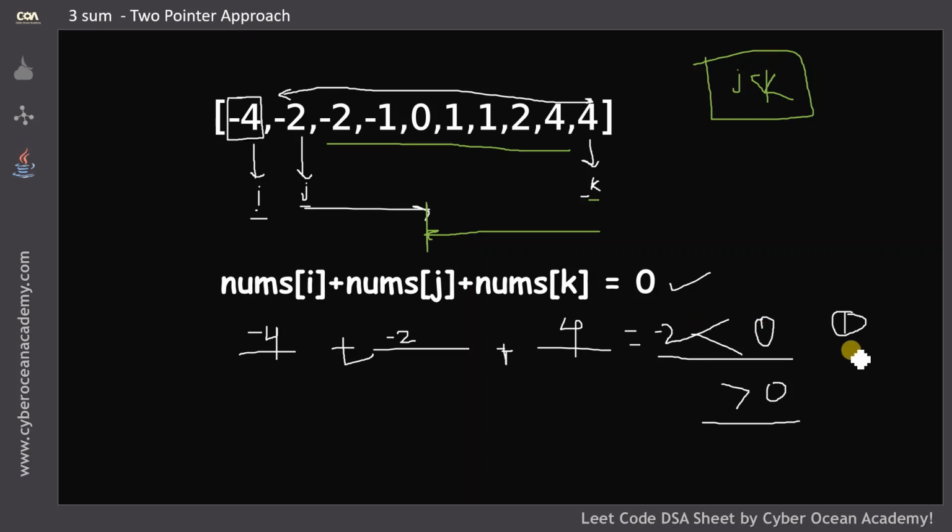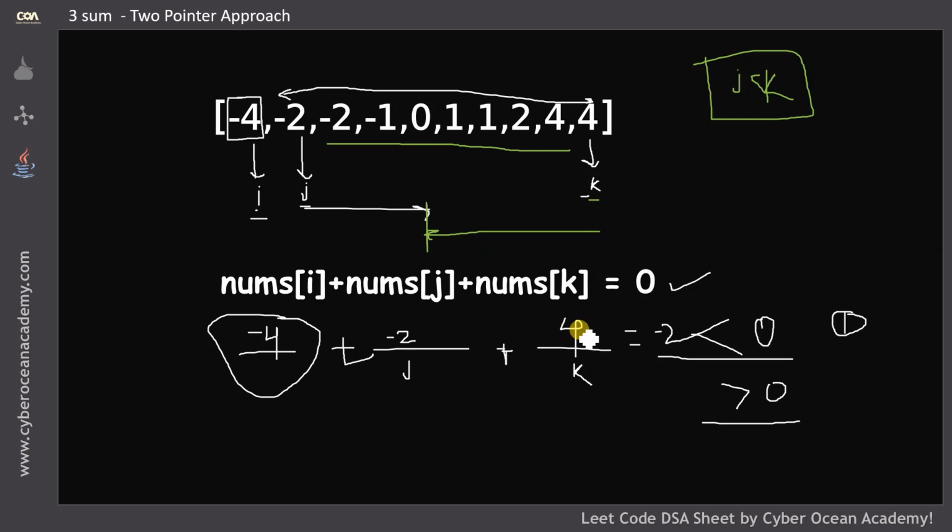If we think about the first situation, if their sum is less than 0, what does that mean? This -4 is fixed, and we have two pointers, this is our j and this is our k. This is the larger value.